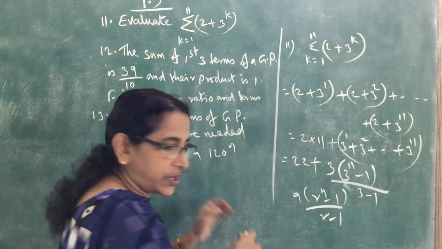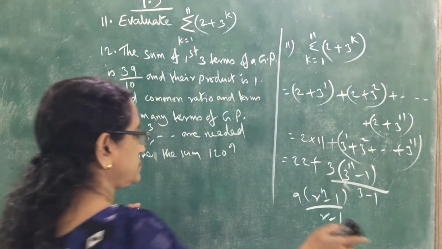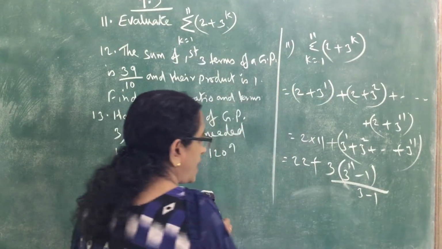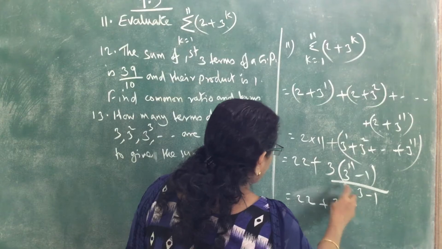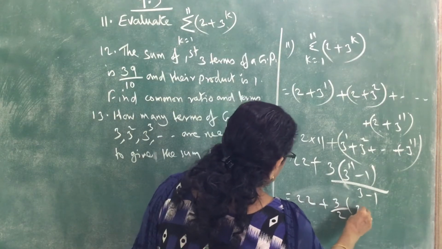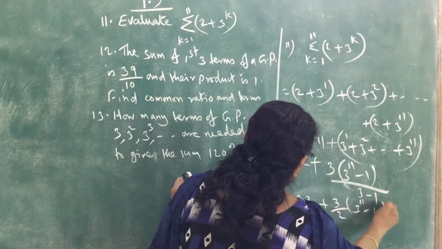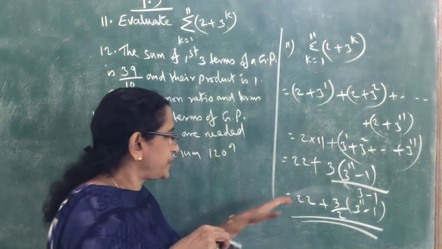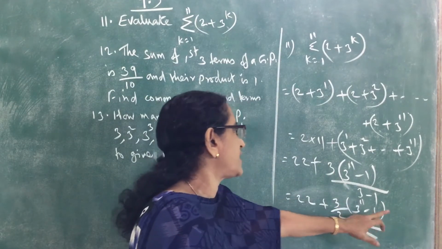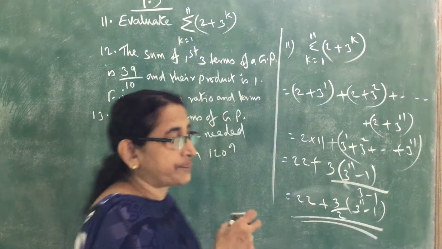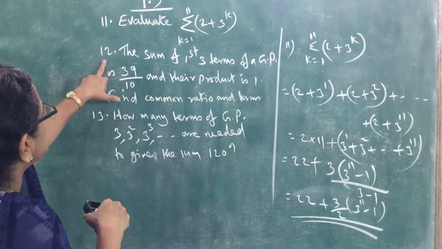So that is equal to 22 plus 3 by 2 into 3 raised to 11 minus 1. So that is the answer. Now we need to simplify.